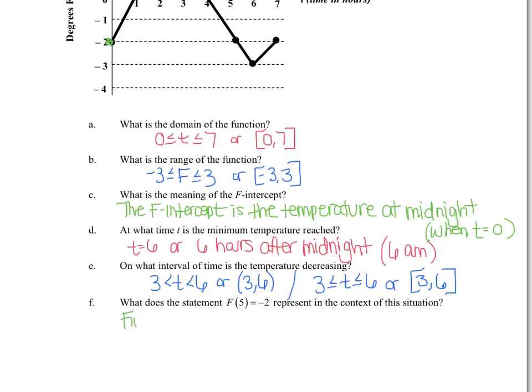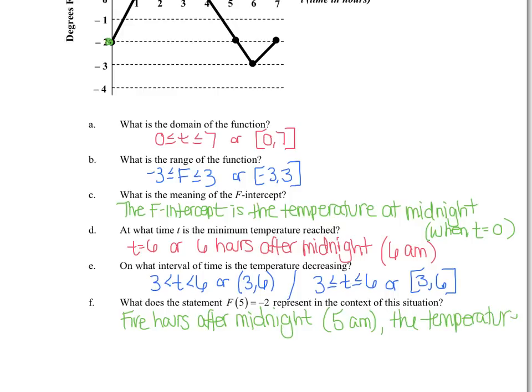So 5 hours after midnight, which is the same thing as 5 a.m., the temperature of the freezer is negative 2 degrees Fahrenheit. And that's what f of 5 equals negative 2 represents.